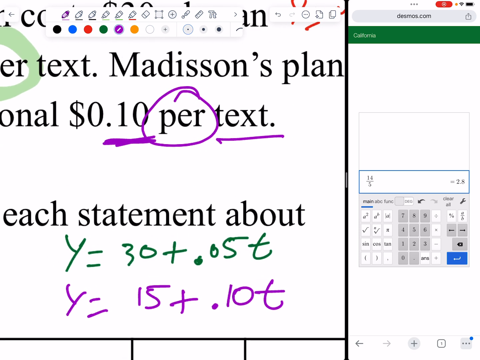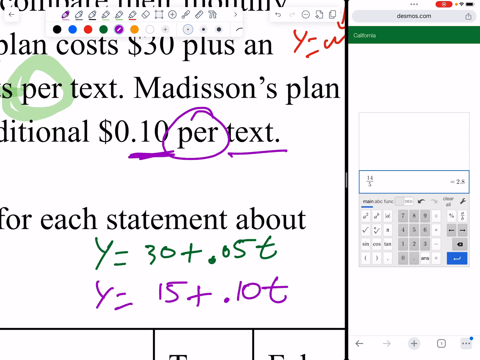So if I just look at this, think about how we're reading this. For Luis, you pay more at the beginning, right? This is where you start. They started at 30, but it's less per text. Whereas Madison will start off lower, but pays more per text.